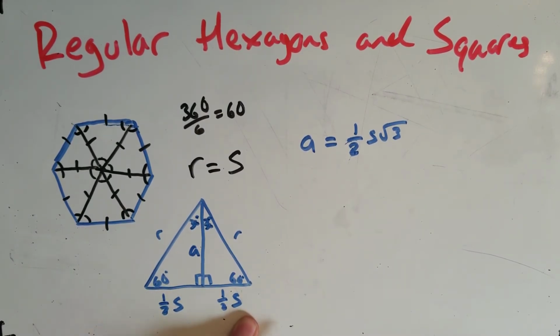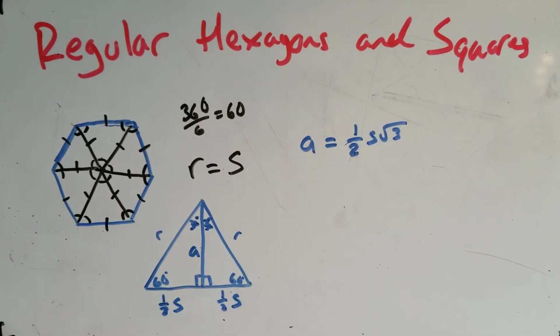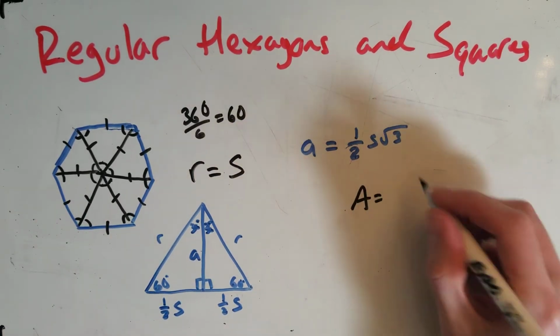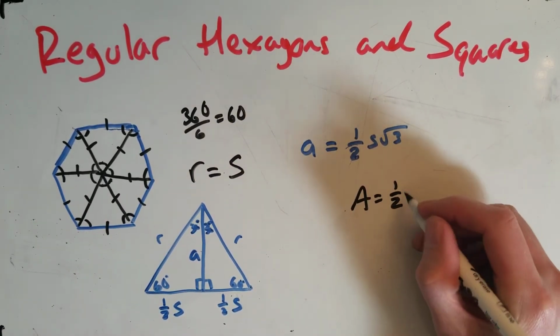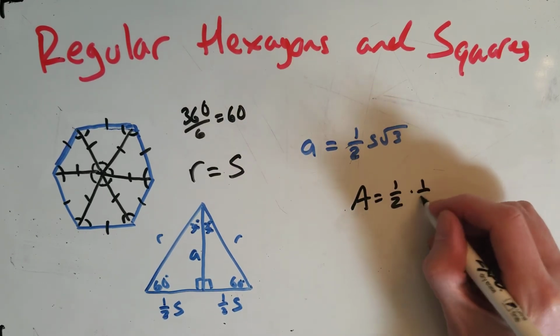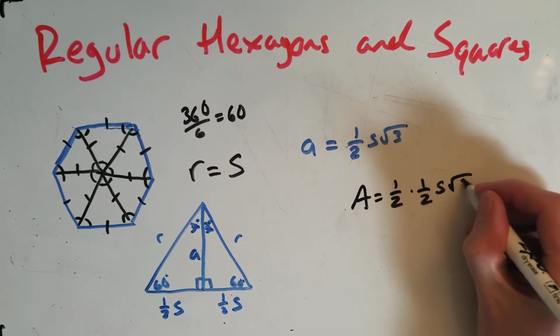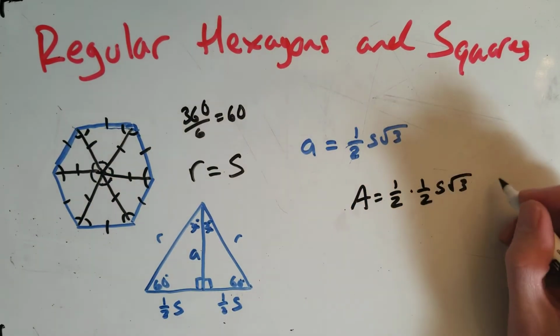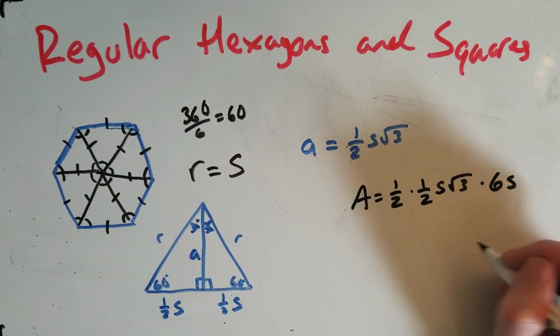And if you substitute that into our general formula for area, 1/2, instead of the apothem you put 1/2 side times radical 3, and then we multiply by the perimeter, but for a hexagon it would be 6 times the side.